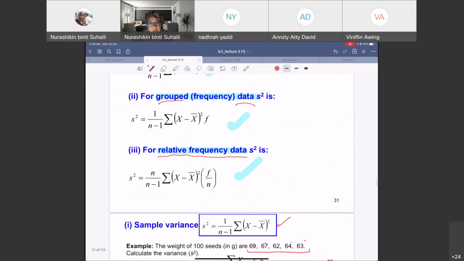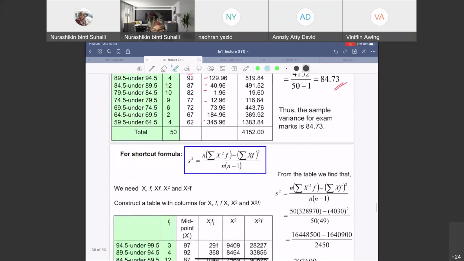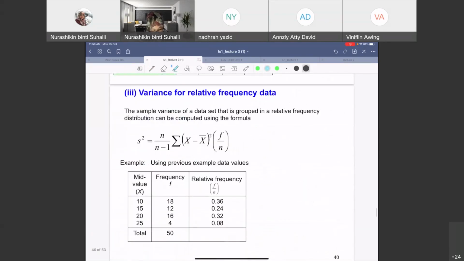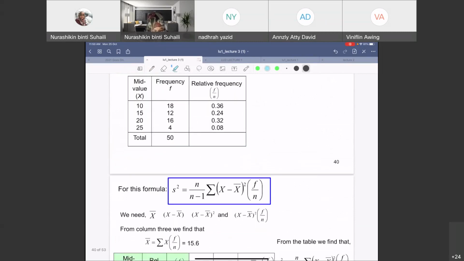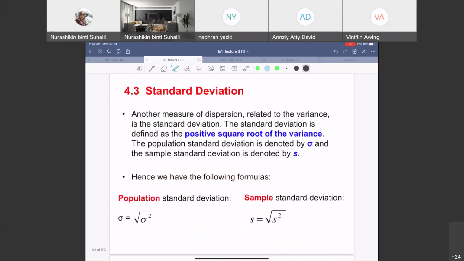So it depends on the types of data that you are analyzing. Okay, so this one is relative frequency data. This one formula. It's just that you follow this term and what it represents. So you have to create the column first, right? And substitute correctly. Okay, so that is variance.